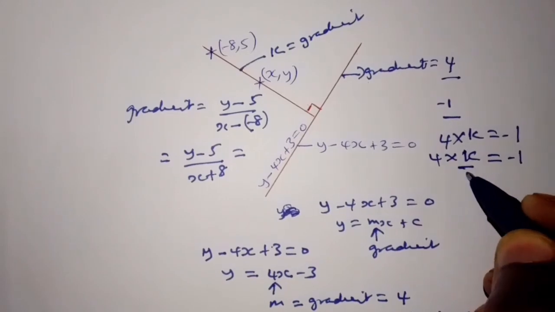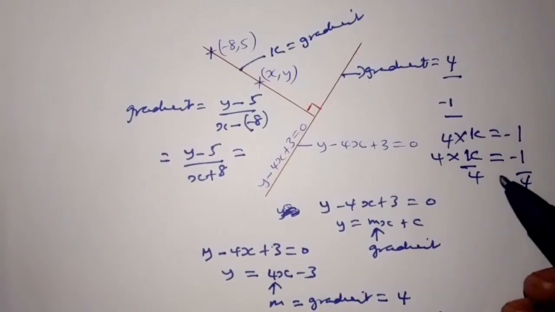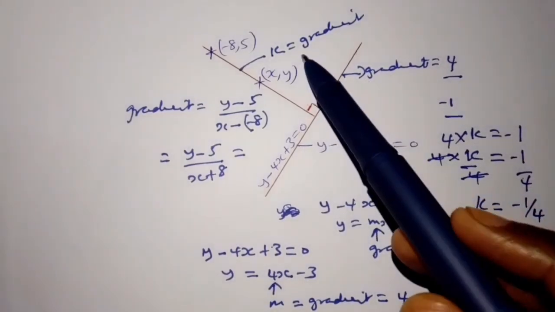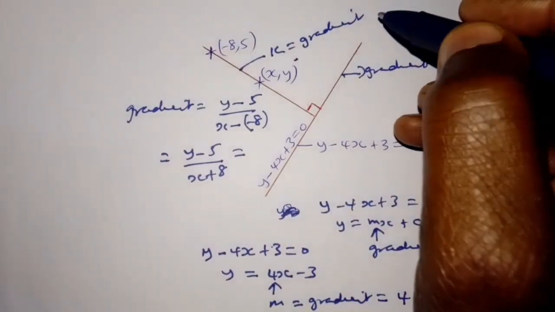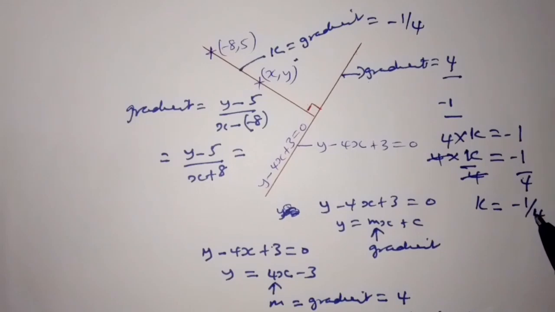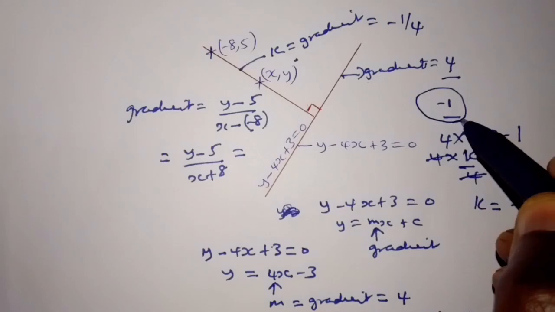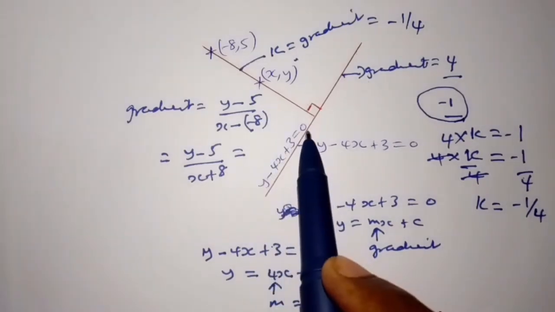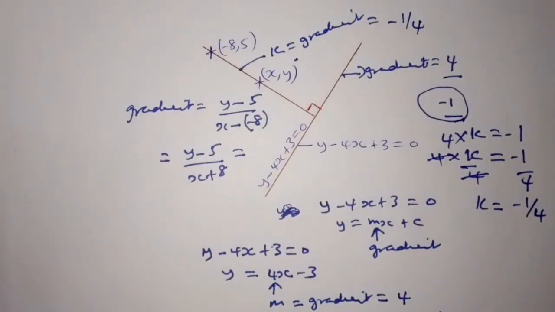We divide by 4, so k is equal to -1 over 4. Because when we multiply -1 over 4 times 4, we get -1. That is the product between the two gradients of these two perpendicular lines.